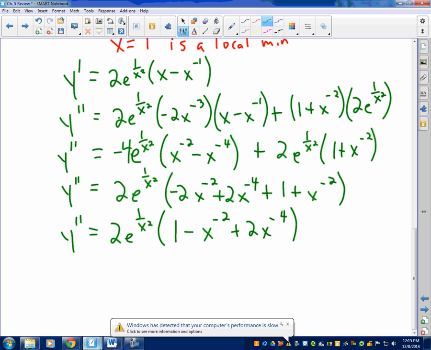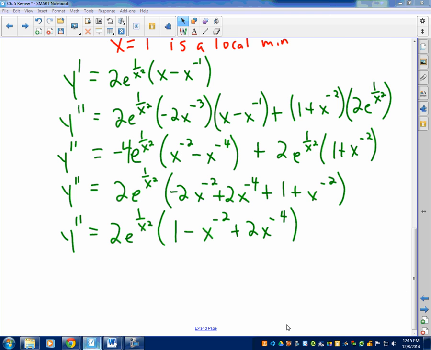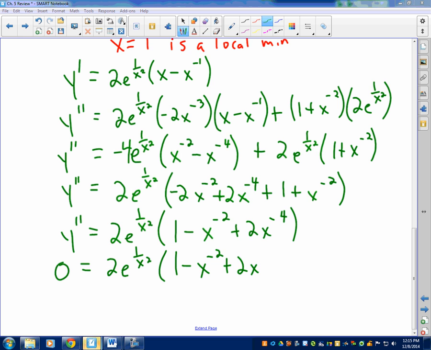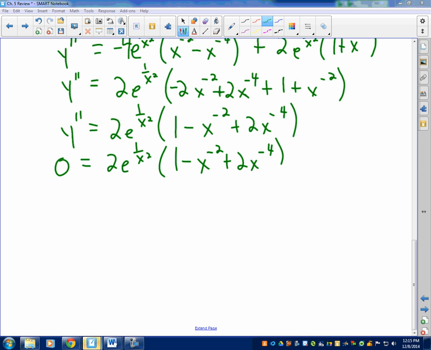So there it is. And I'd set that equal to 0. And then by the zero product property, I have 2e to the 1 over x squared equals 0, or 1 minus x to the negative 2 plus 2x to the negative 4 equals 0.